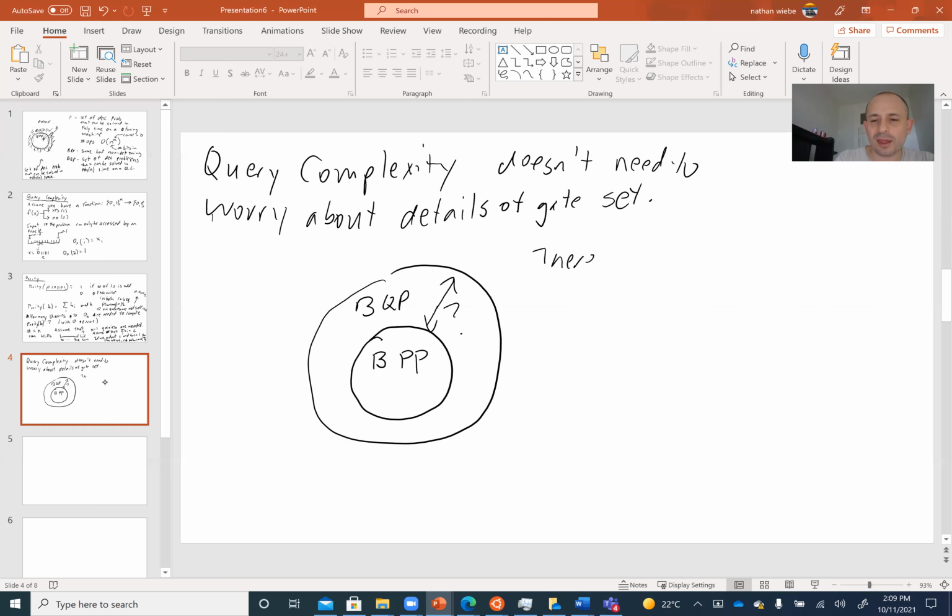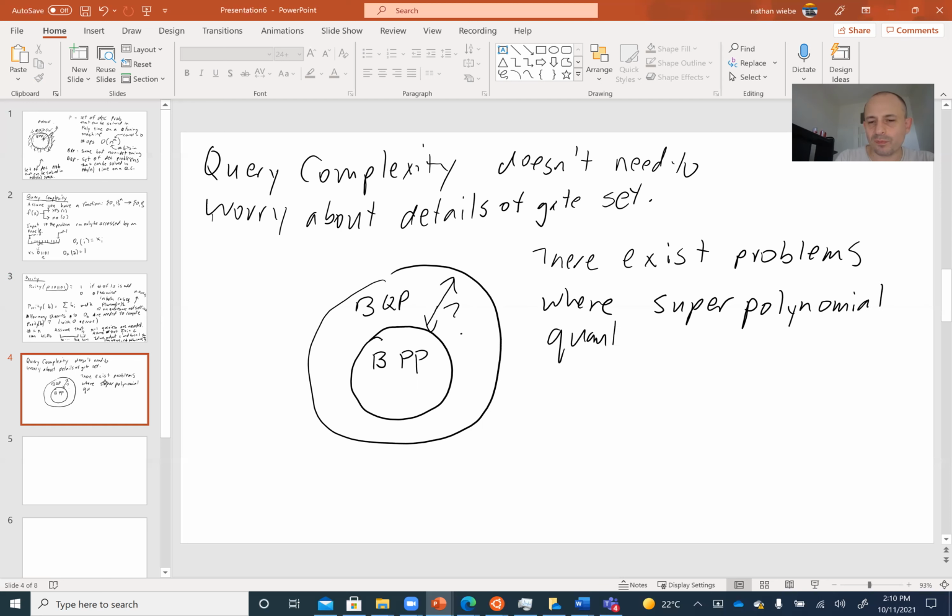There exist problems where superpolynomial quantum speedups in query complexity exist.